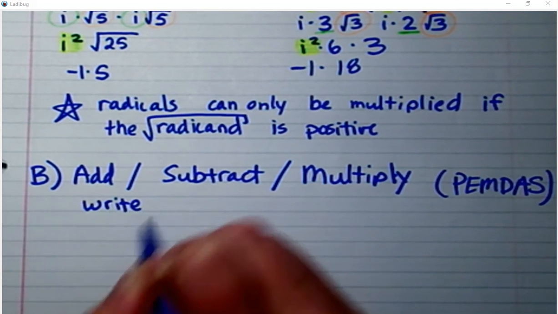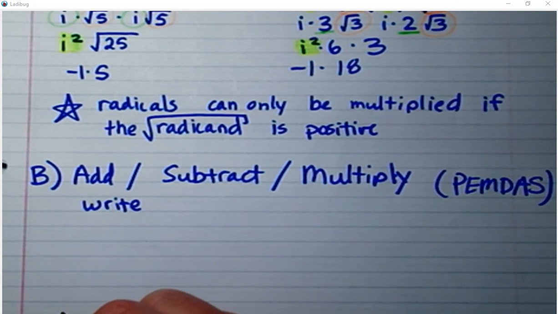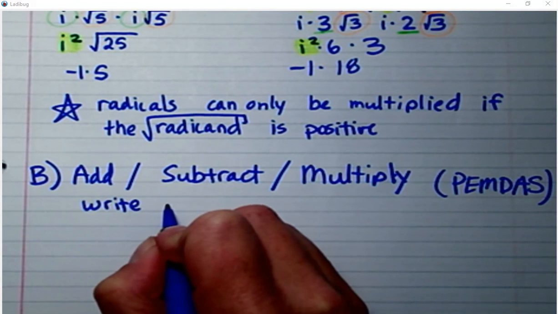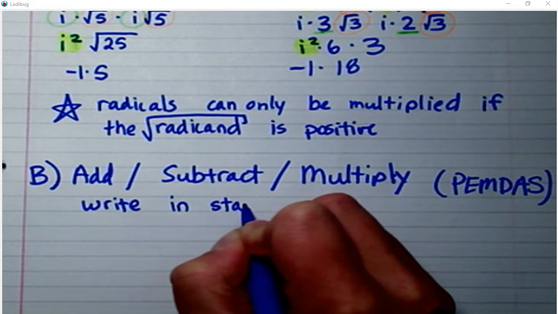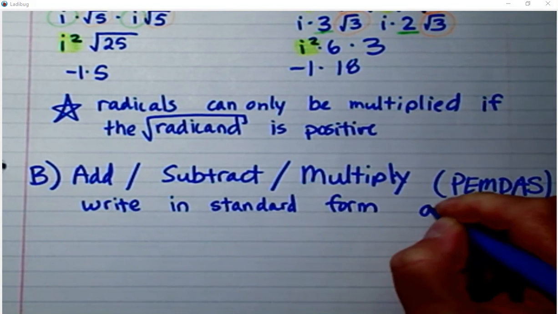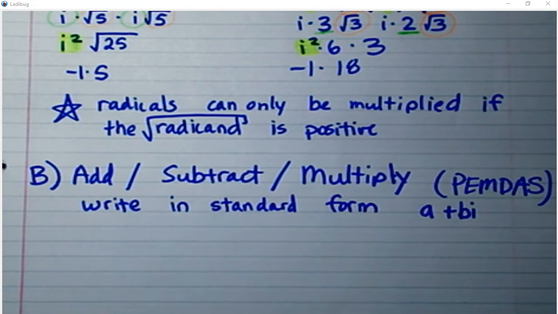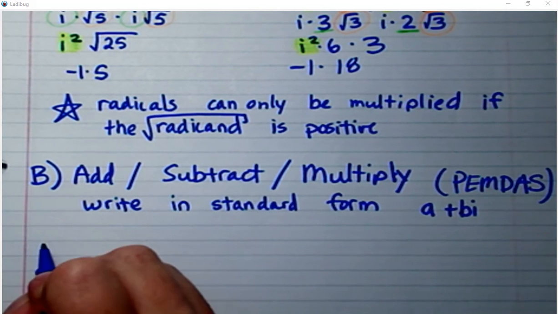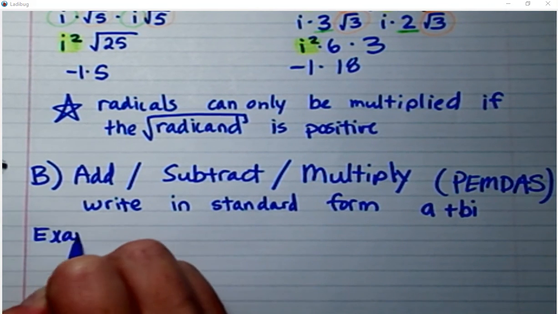Some people call it PEMDASler because you're supposed to do it like PEMDAS, left to right. Okay, so those are my directions. Write in standard form. That means a plus bi. It means you have the real part, the imaginary part, and that's it. Nothing extra. Okay? That's the definition.